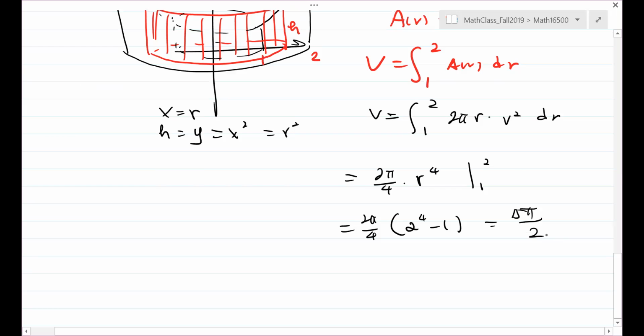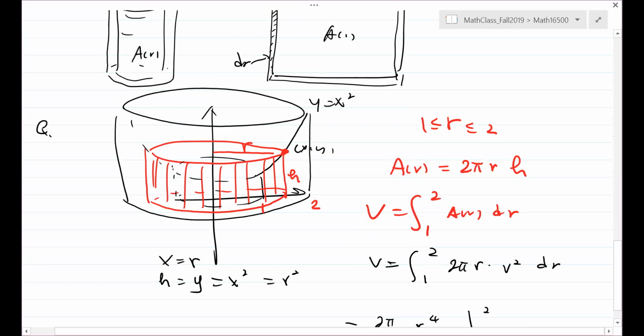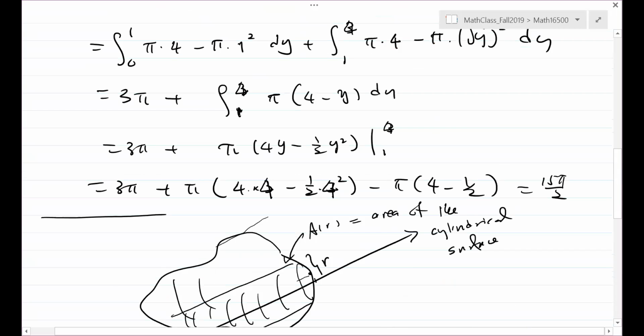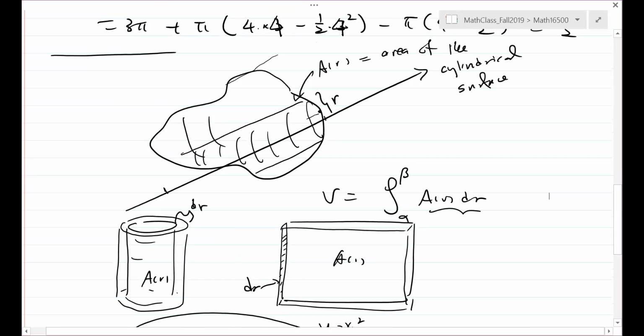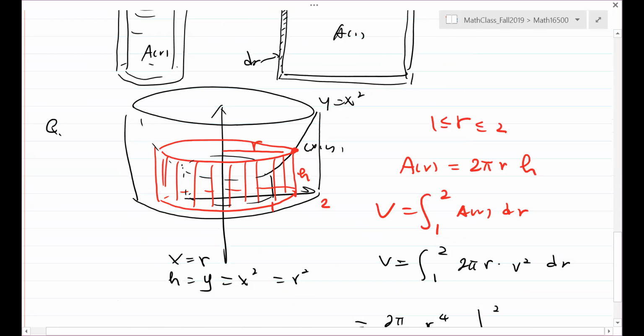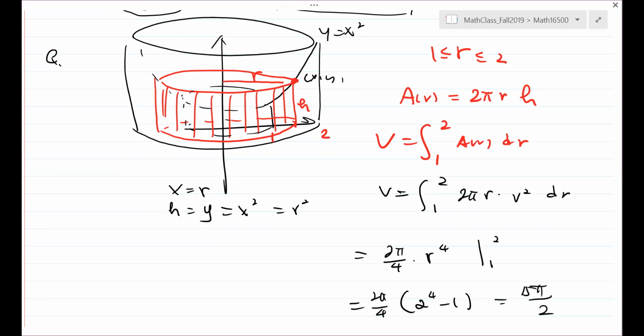Let's compare. 15 pi over 2. Yes, same, 15 pi over 2. So this new tool that we designed to cut the solid is good. You get the same volume.